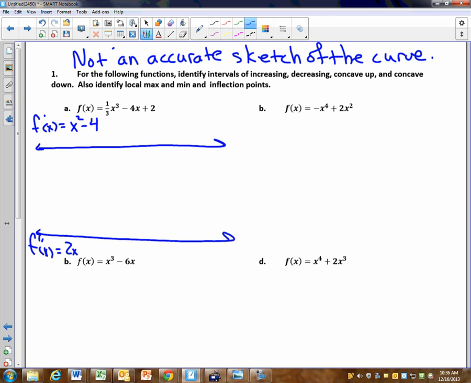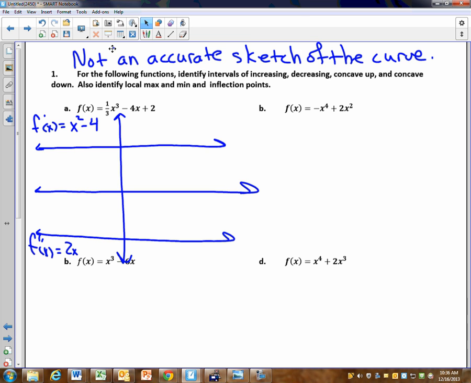Very good. So, watch what happens here, okay? I need to figure out where is 2x equal to 0? At 0, right? Okay. F double prime of x is equal to 0 here.